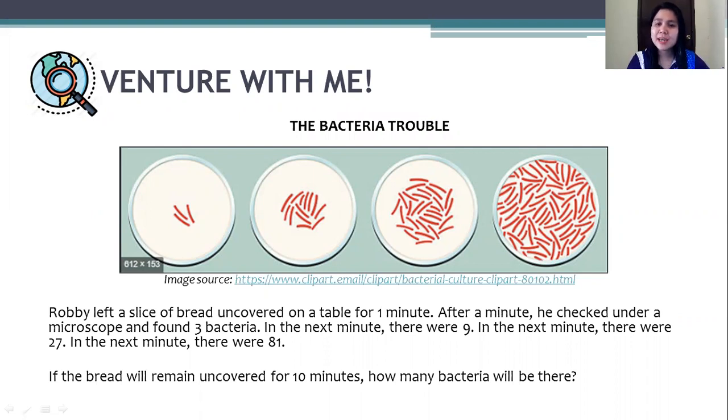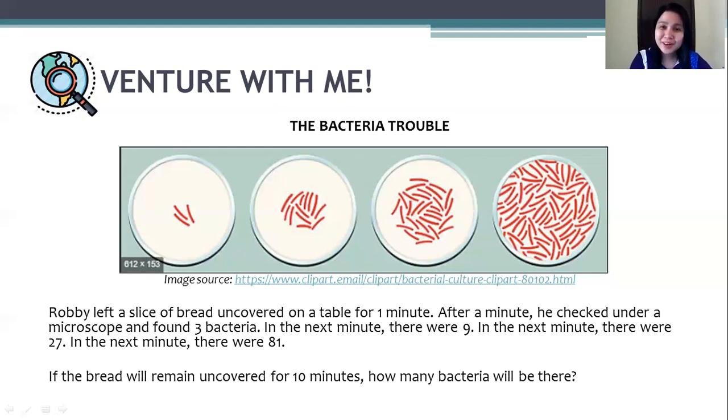After a minute, he checked under a microscope and found 3 bacteria. In the next minute, there were 9. In the next minute, there were 27. In the next minute, there were 81. If the bread will remain uncovered for 10 minutes, how many bacteria will there be?